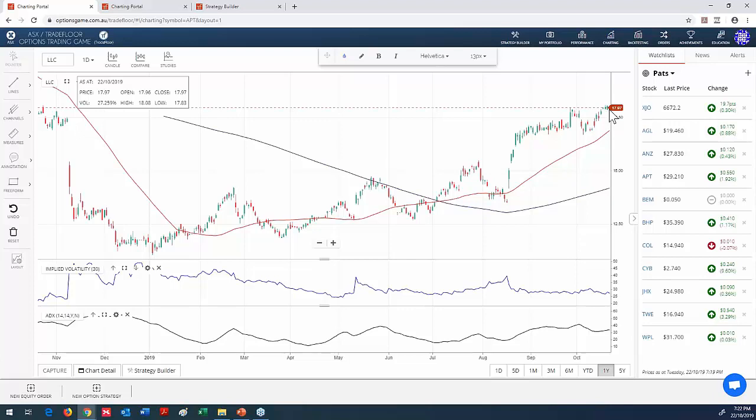Provided the market's up tomorrow and LLC's up tomorrow, and it meets those rules, when we're trading a breakout, we expect a significant move to the upside. And if it doesn't move on the upside, we expect a significant move on the downside. The relevance of that is that it's an important part of your trade management. If the share price goes up, we'll get into a position that we will stay in.